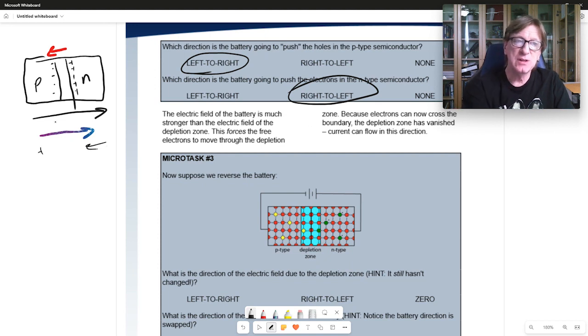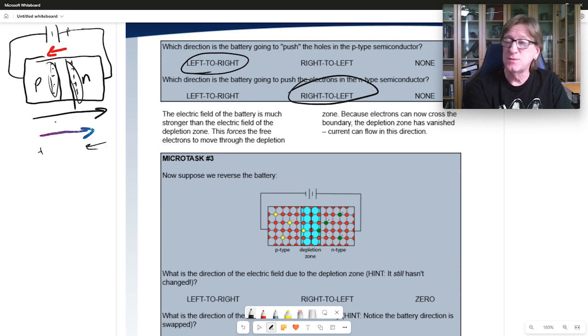I've got two electric fields. One is due to the slight extra electrons that I have on this side and the holes that are on the other side, so it's very small. However, I've connected it to this battery, and that's probably a terribly drawn battery, but we'll do it like that.